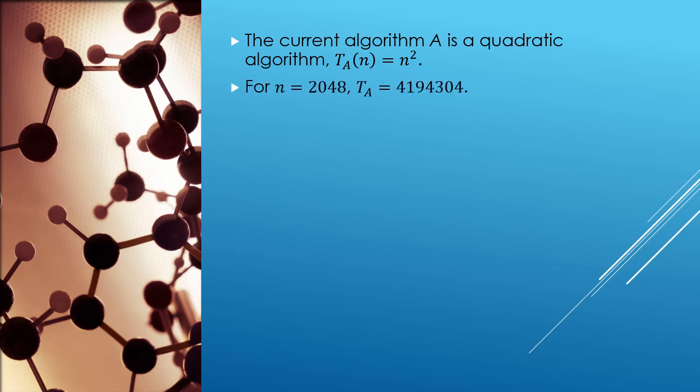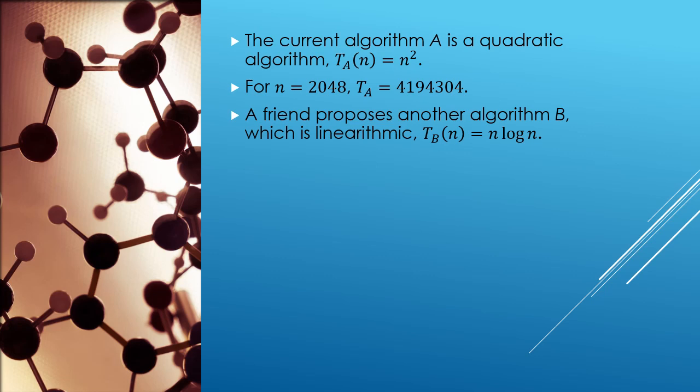So when I give it 2048 data items, it takes 4194304 units of time to compute all these items. A friend proposes another algorithm B that does the same thing, but this algorithm is linearithmic. That is, the running time is n log n.